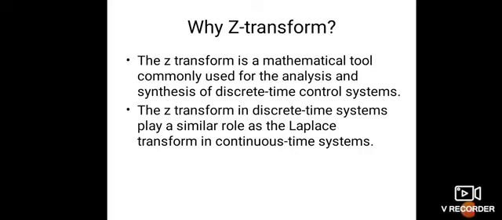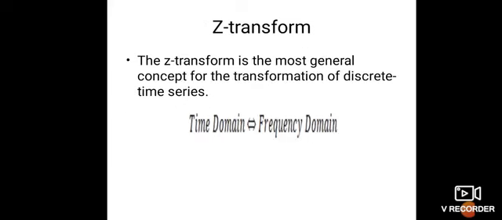Because it is a mathematical tool commonly used for analysis and synthesis of discrete time control systems. The Z transform in discrete time systems plays a similar role as the Laplace transform in continuous systems, as I said previously. So basically the Z transform is the most general concept of transformation of discrete time series.